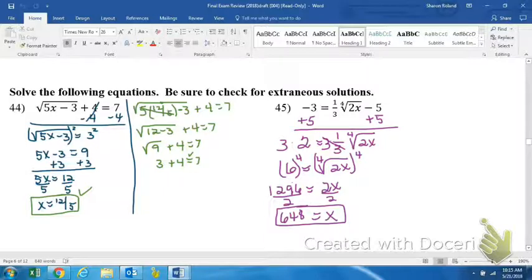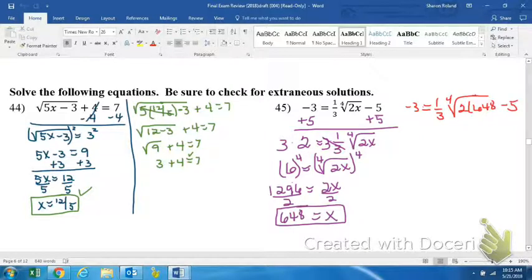So we're plugging it back in. Negative 3 is 1/3 of the fourth root of 2 times 648 minus 5.